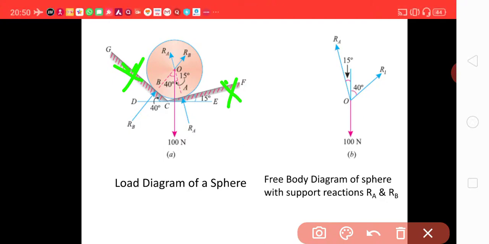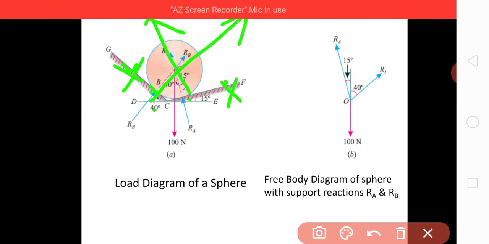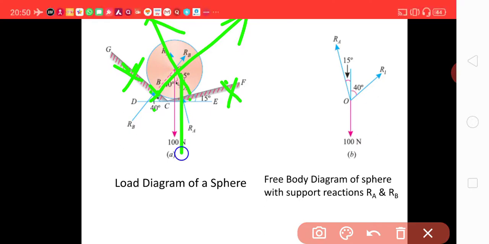When we remove this, this is the reaction we have shown at this surface, vertical to the surface. This is reaction RB, this is reaction RA. And using the principle of transmissibility, we extended these forces beyond this, here we extended this force like this, and weight is acting like this.